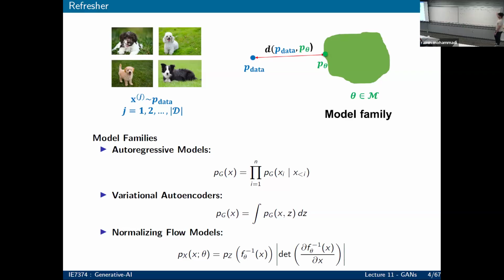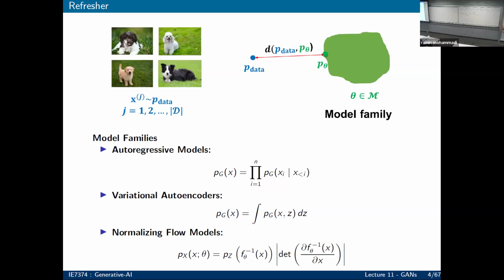So this term is the lower bound for the original log, for z that come from this Q, and this is called the ELBO.